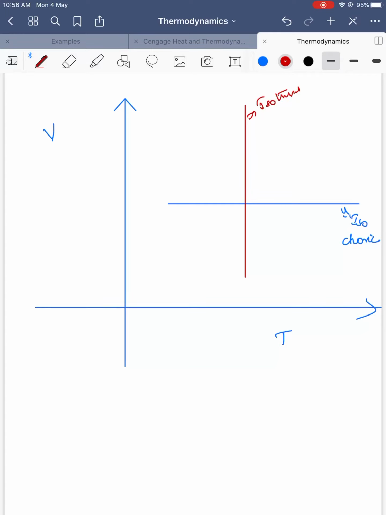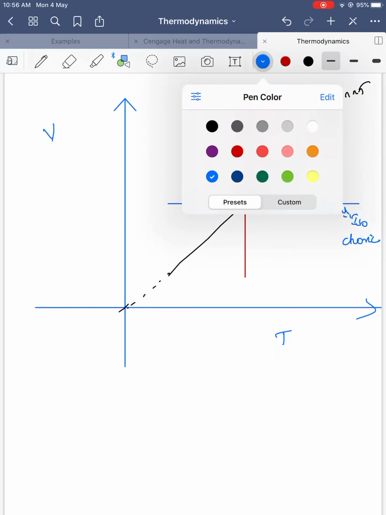Next, if it is isobaric, how does it start? It starts from the origin. Why, sir? PV is equal to nRT, so P remains constant, y is equal to mx. It starts from the origin, but we should represent it with dotted lines here. Next, what is the remaining process?